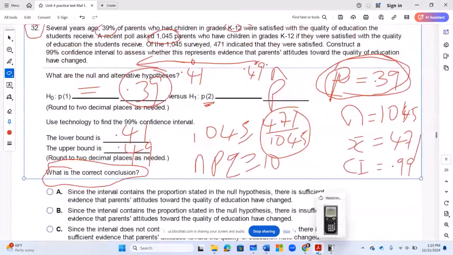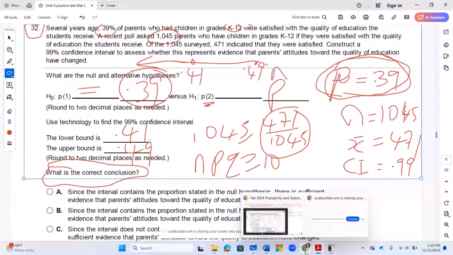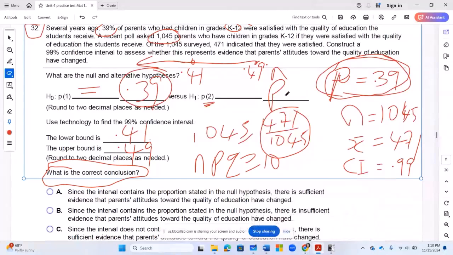So I hope this is clear. The quality of education has changed because the null hypothesis is not contained. It is not contained in the confidence interval.